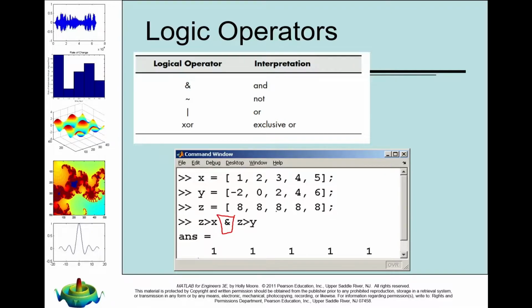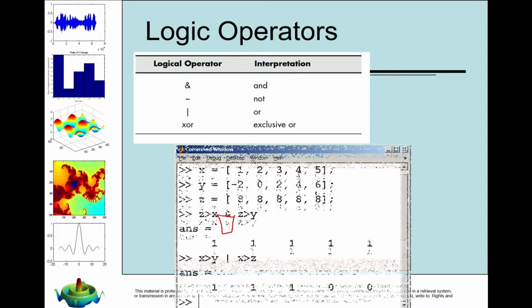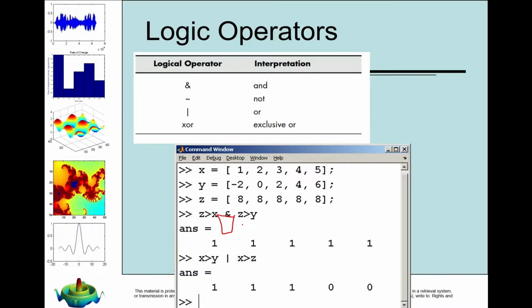The way we read this statement is: z is greater than both x and y.